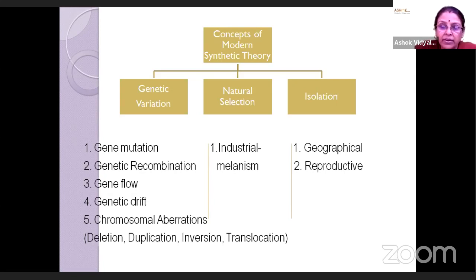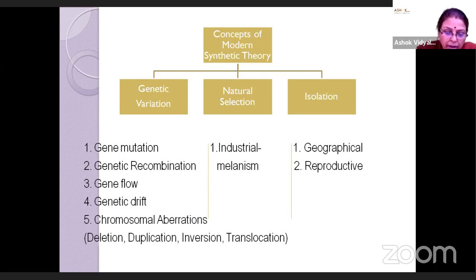The best example here is industrial melanism. Students, in Great Britain, just before industrialization, there was a moth called Biston betularia. This moth had two different colors: one was white-winged and the other was black-winged.